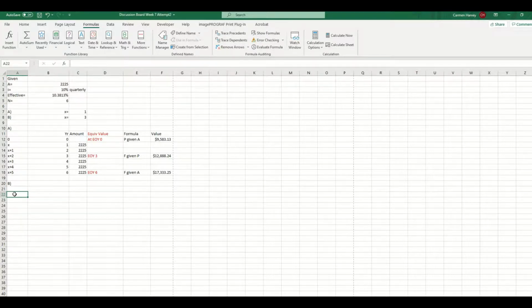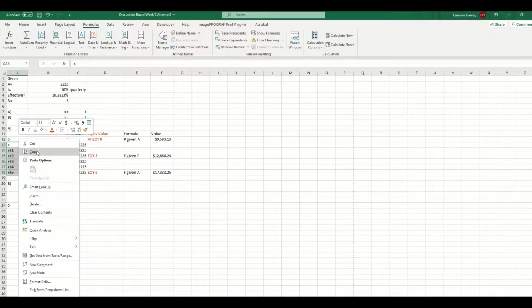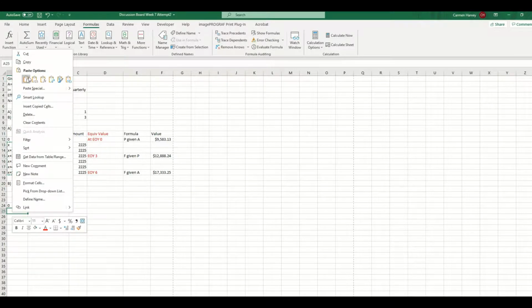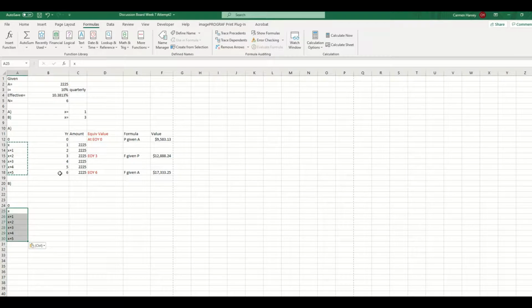So let me go down a few lines here and do this. We're going to have the same thing that we had here on this end. And the difference is that up here, you have to look at it a little bit differently.